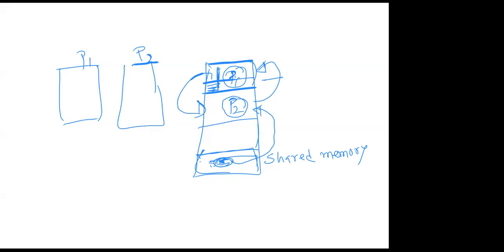Let's say process P2 needs to calculate A = B * C, and the value of B will come from process P1.